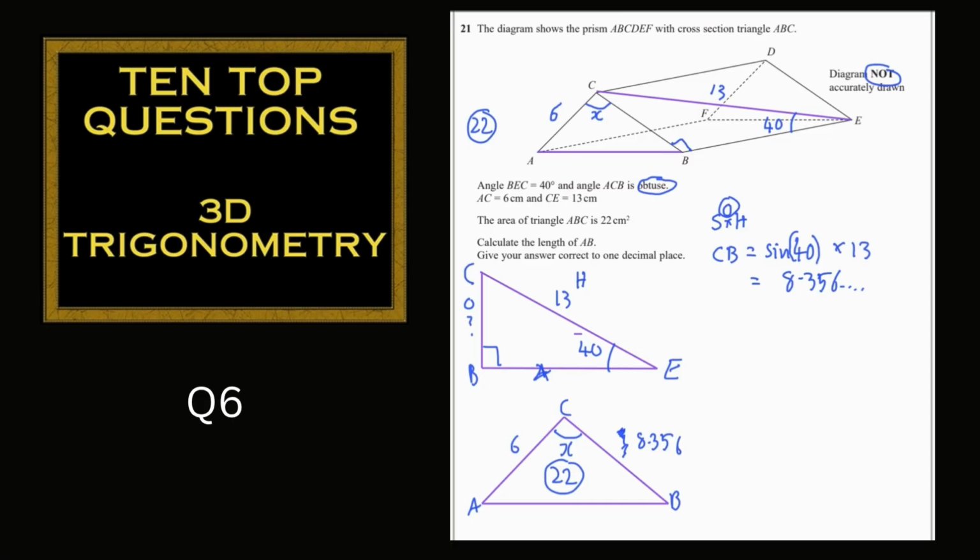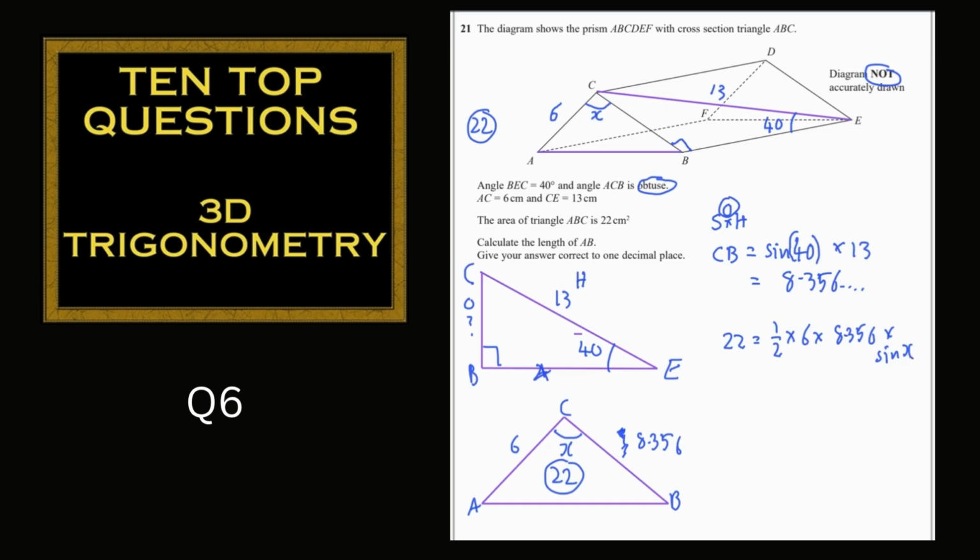And now we can bring into play this 22. The area of ACB, 22, is a half times one of the sides times by the other side times by the sine of the angle between them.